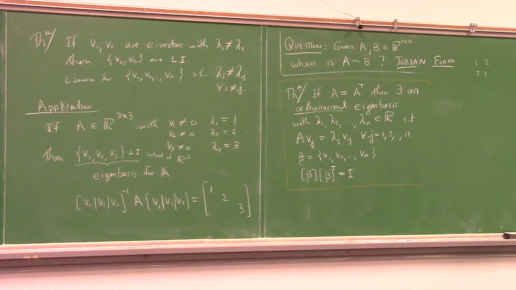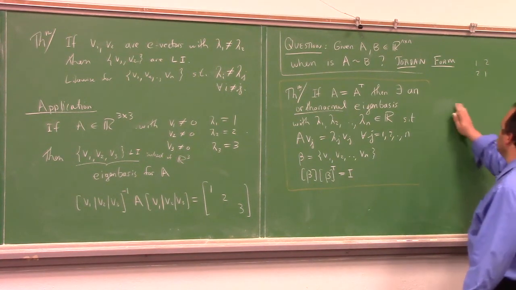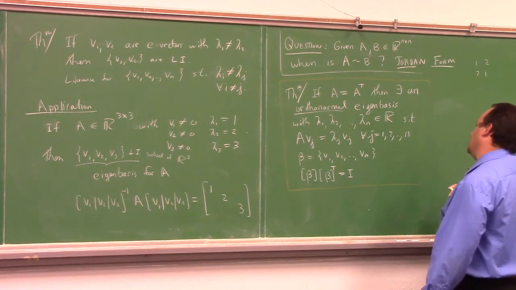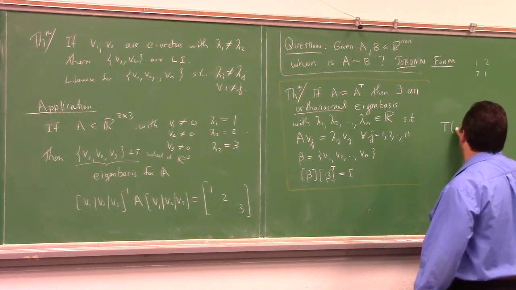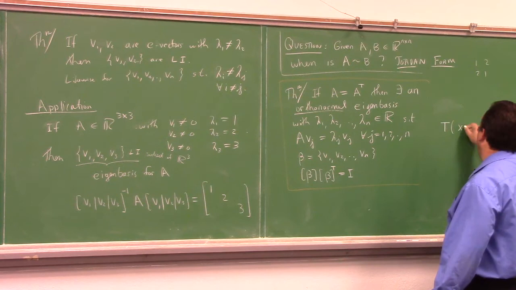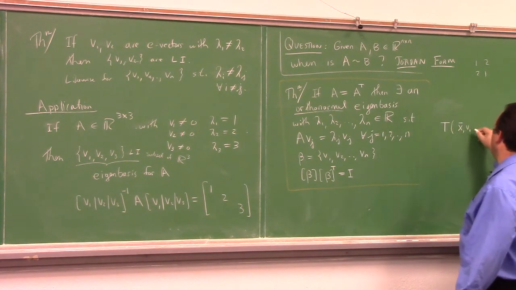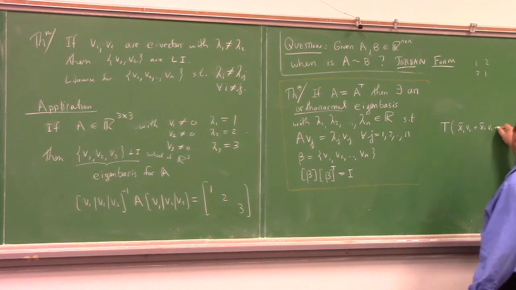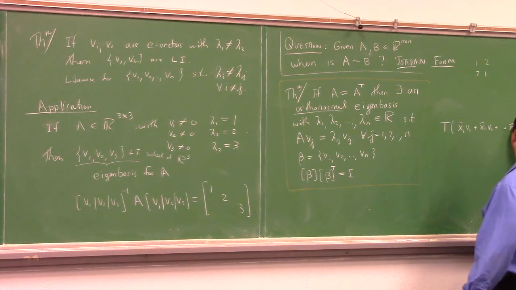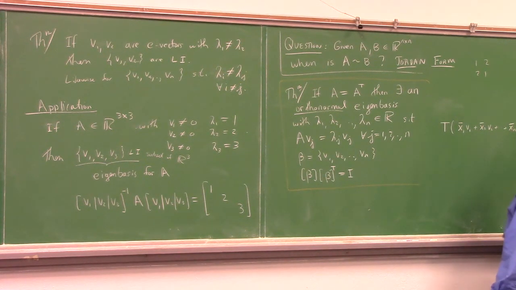And it's a little bit more than that. So let's see here if I can write this out. So if we have T of x bar 1 v1 plus x bar 2 v2 plus x bar n vn.